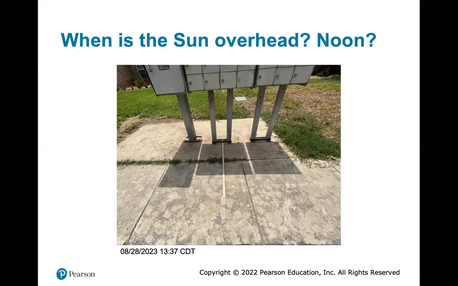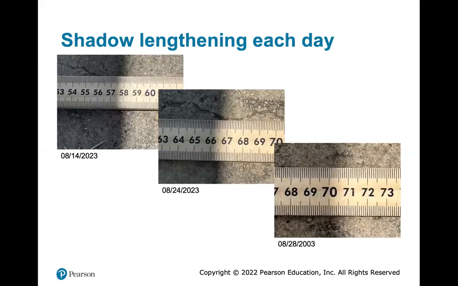And Texas is so big that even El Paso's in mountain time, so it may occur more like 2 o'clock near El Paso, while you're still in the central time zone. But this was when noon occurs, and you'll see that there was a meter stick in front of the mailboxes, and I used that meter stick.